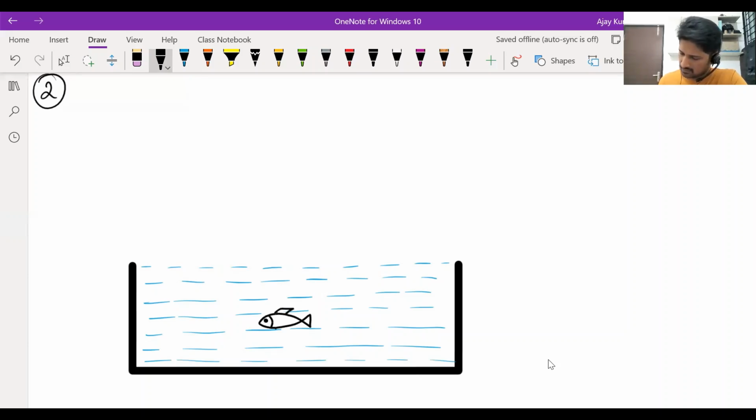Assume this fish is looking at something above water.